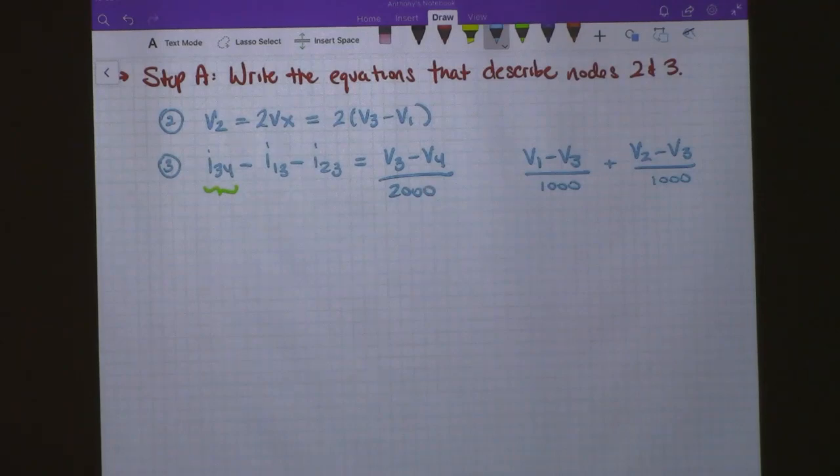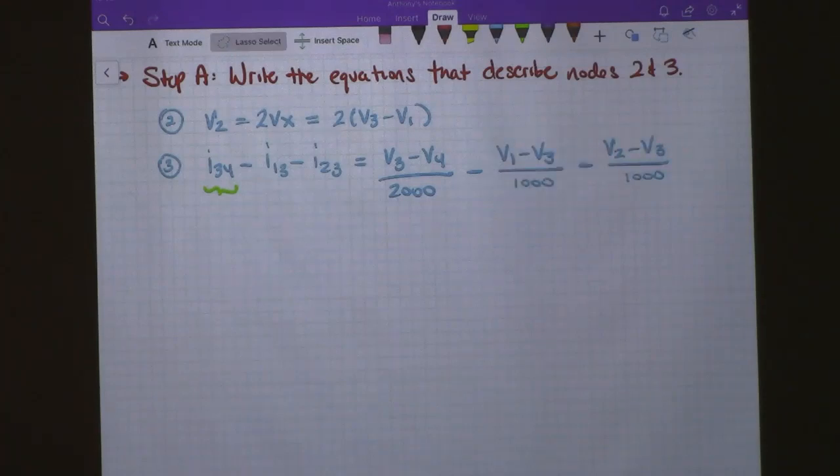And now both of these will become minuses. All right.